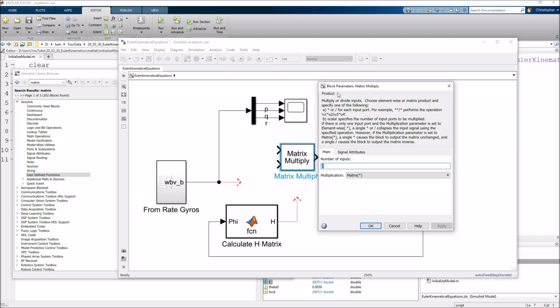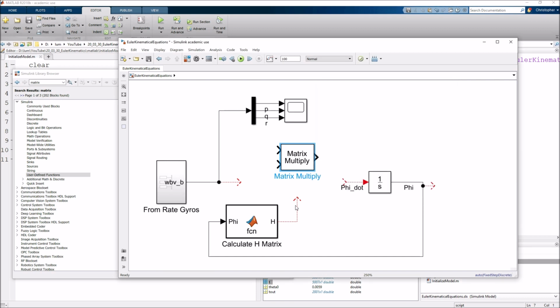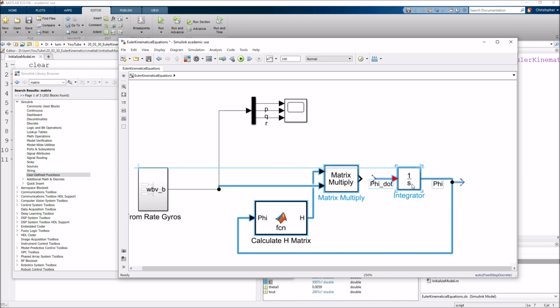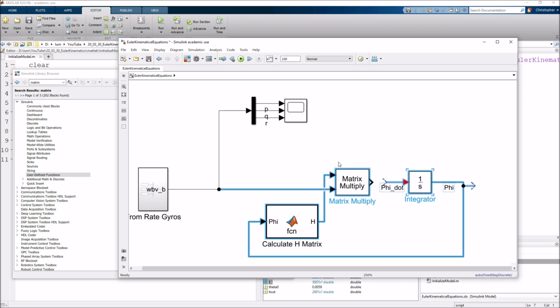I think we need to be very careful about the dimensions and the order. I think the matrix you're multiplying in is actually the first input, and then the vector is the second one. So there we go. We've got to be a little bit careful of that matrix multiply order. Okay, and again, let me see if I can scooch all of this appropriately.